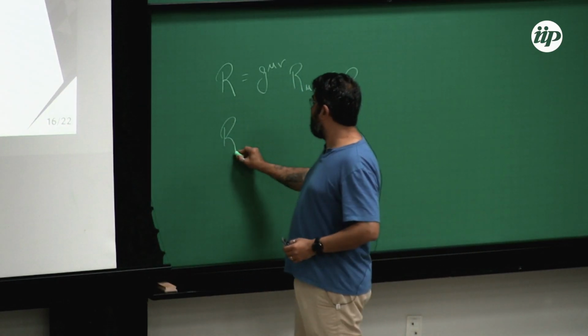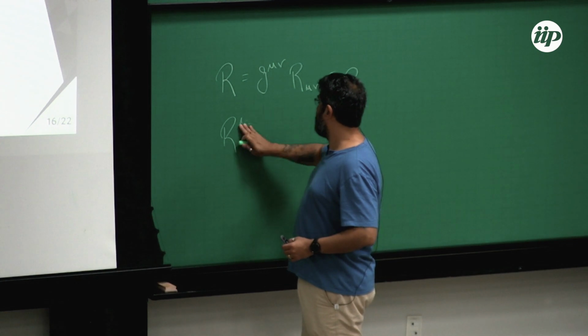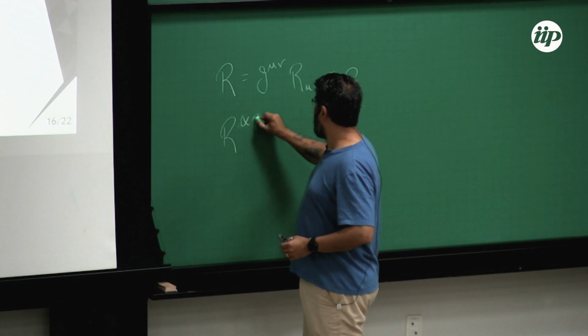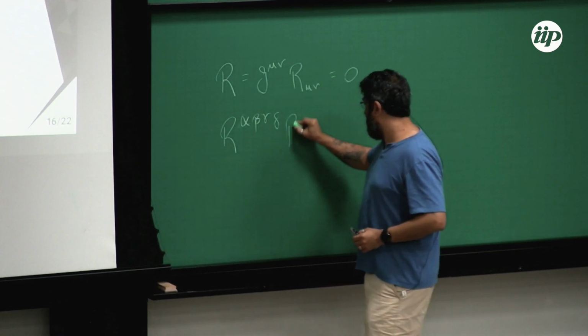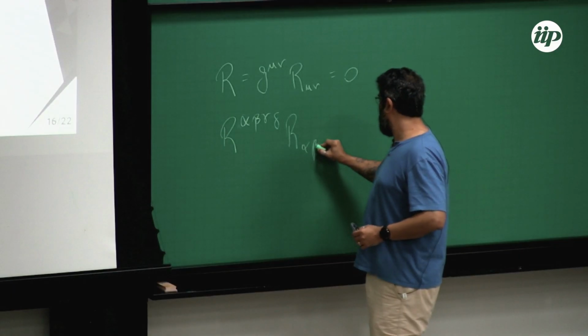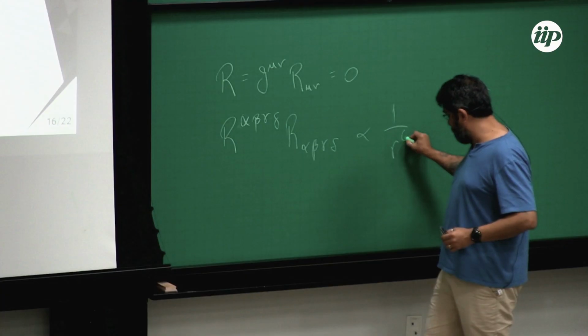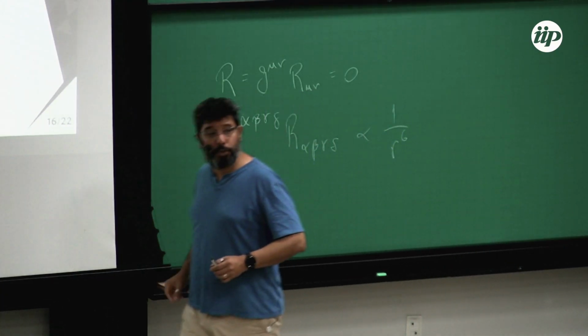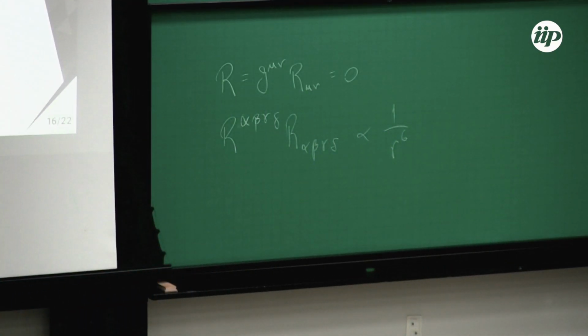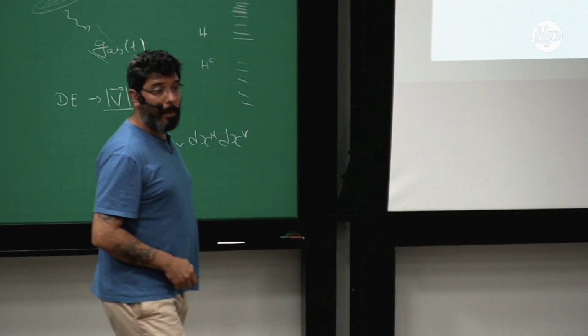But there is another one, which is this guy. What happens is that this is this guy. So nothing special happens when r reaches this value. But we still have a divergence when r goes to 0.